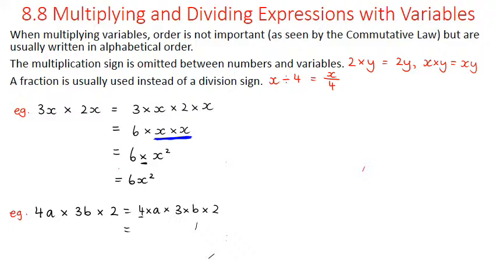Okay, 4 times 3 times 2. 4 times 3 is 12, times 2 is 24, and then times a times b. Once again, you've got a number and letters, so you can just leave out the multiplication sign. So 24ab.